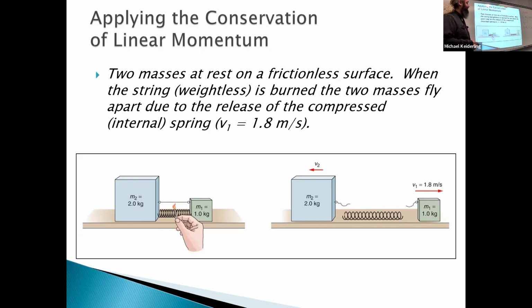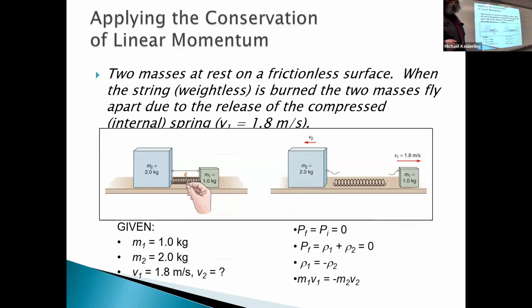The question is, what is the velocity of mass two? Now, the first thing you can observe is that initially nothing is moving. If nothing is moving, the total momentum is zero. So given that mass one equals 1 kilogram, mass two is 2 kilograms, velocity one is 1.8 meters per second, we're looking for velocity two.